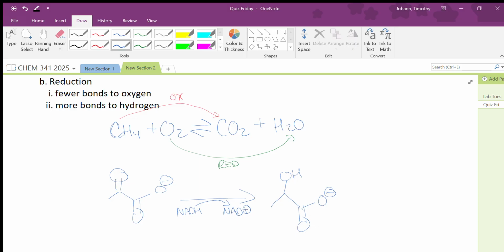What is happening to my pyruvate? This is pyruvate right here. It gets reduced. Why did you say that? Because there's a hydrogen that goes to the oxygen. Yeah, we're adding hydrogens, right? How many hydrogens did we add? 1, 2. Yes, 2. You added 1 here, and you added 1 there, right?